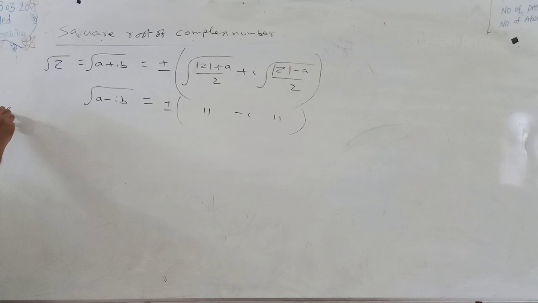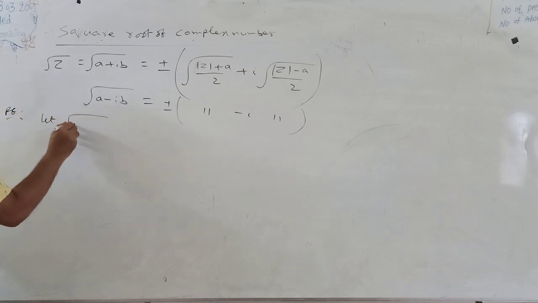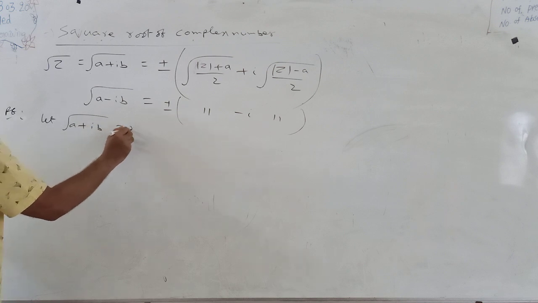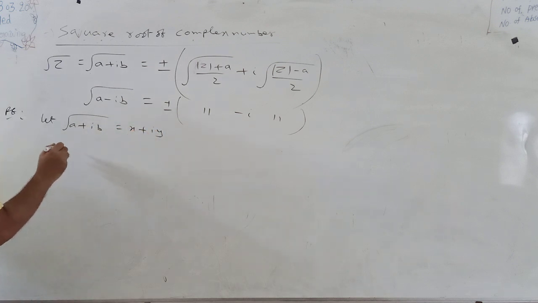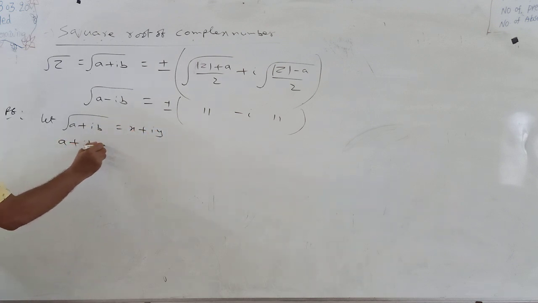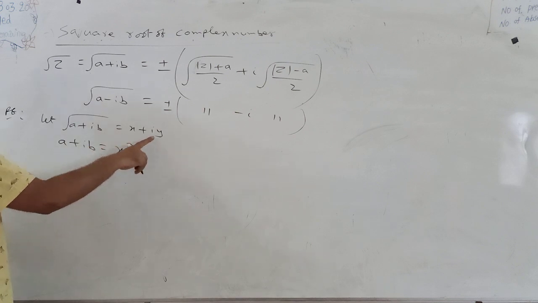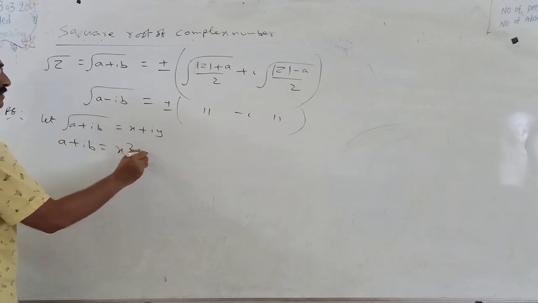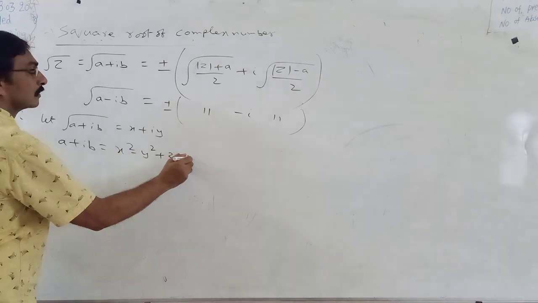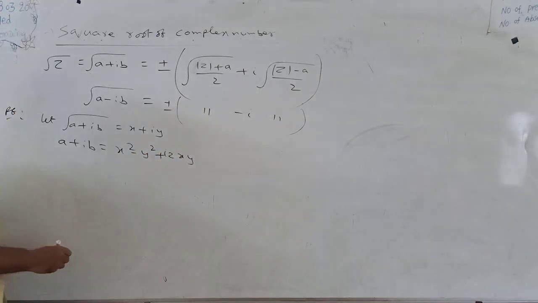See the proof of this one. Let root of a plus ib equal to x plus iy. By squaring on both sides, a plus ib equal to x square, iy whole square is minus y square, plus i into 2xy.